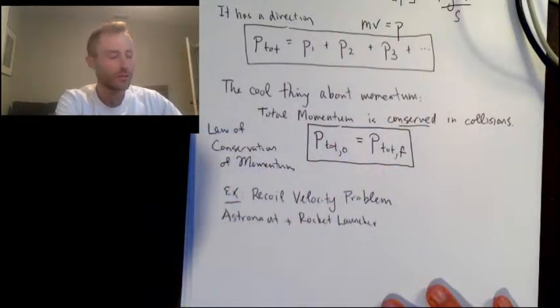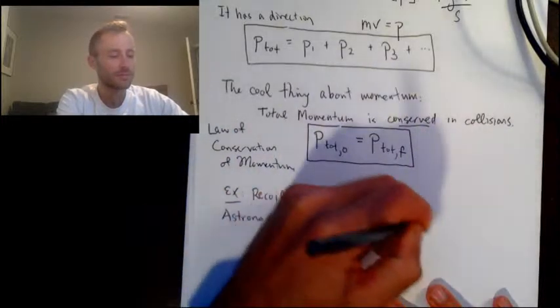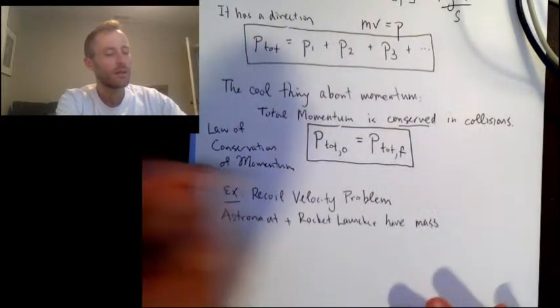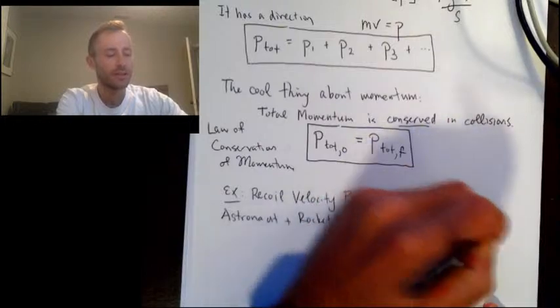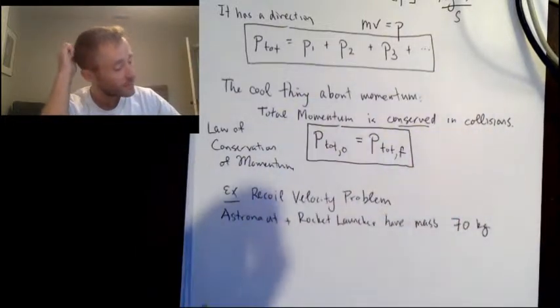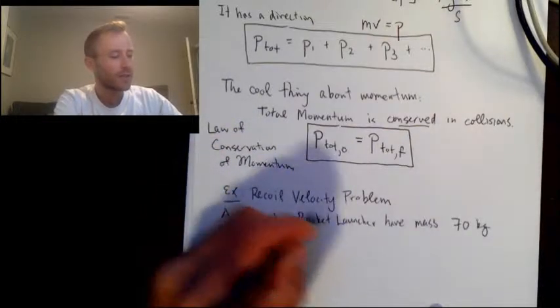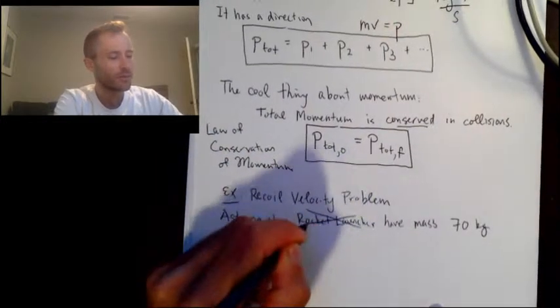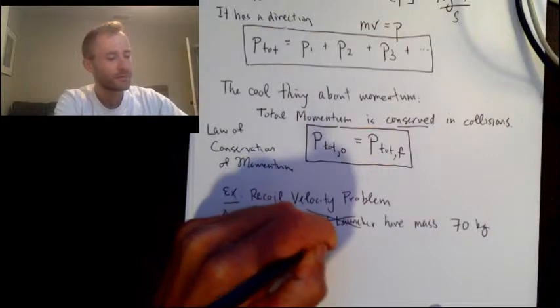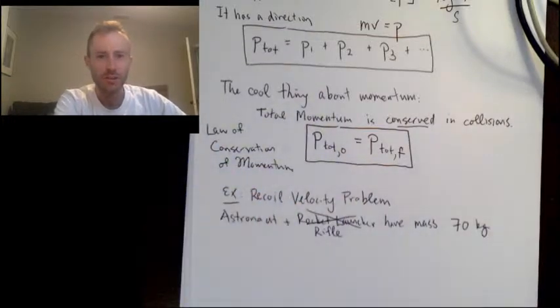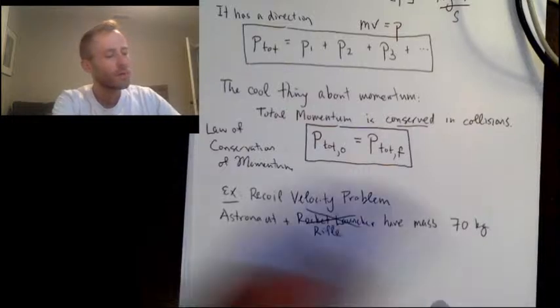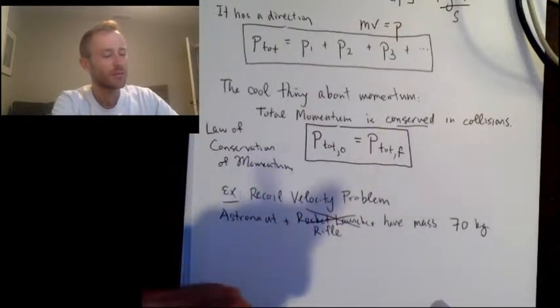Astronaut plus rocket launcher have mass, let's say 70 kilograms. Rocket, actually, can I just say rifle? I'm just going to say rifle. The reason I said rocket launcher is I wasn't sure if rifles would work in outer space. Let's suppose you have a rifle that works in outer space, okay? So astronaut and rifle have a mass of 70 kilograms.